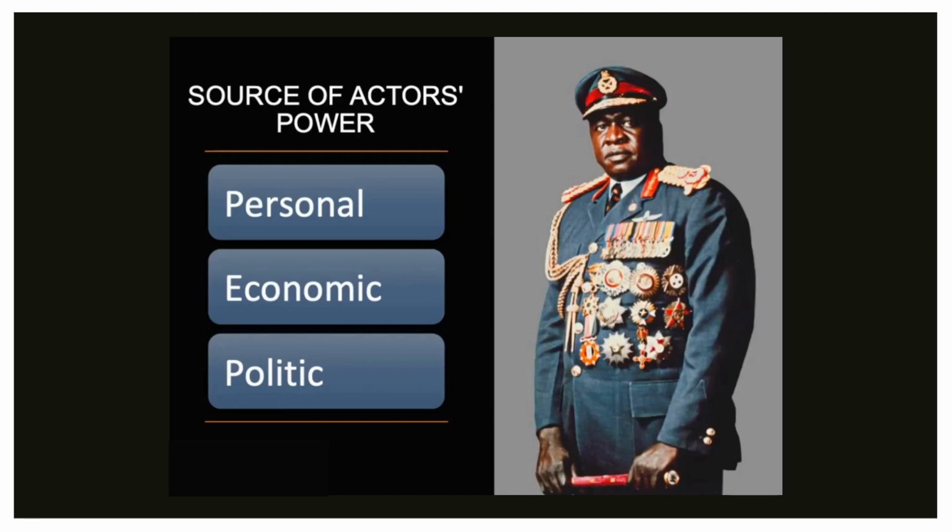If the actor is the head of a political party, also a rich man in the country, and has networks within the state, it means the actor is very powerful, and you should draw a bigger circle, because they have political, economic, and personal or sociological influence.